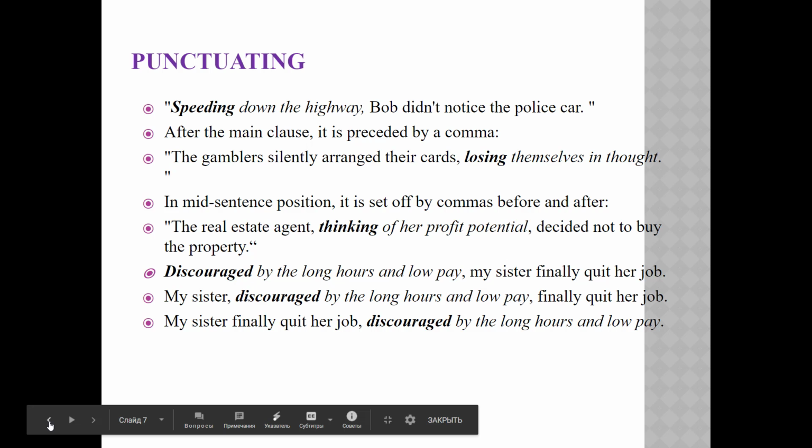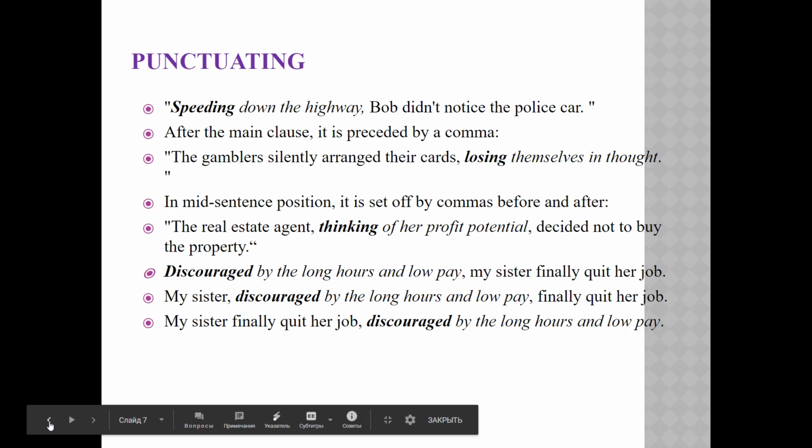Before the main clause, the participle phrase is followed by a comma. Speeding down the highway, Bob didn't notice a police car. After the main clause, it is preceded by a comma. In mid-sentence position, it is set off by commas before and after. The real estate agent, thinking of her profit potential, decided not to buy the property.